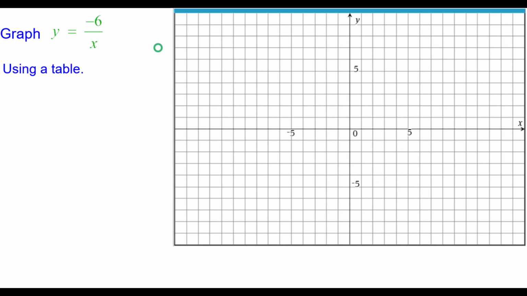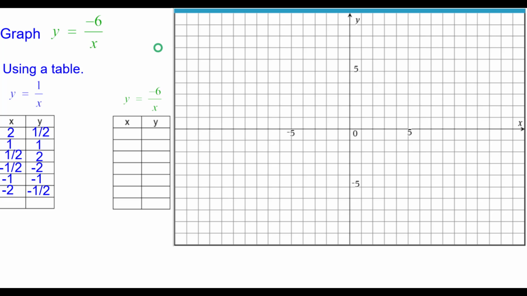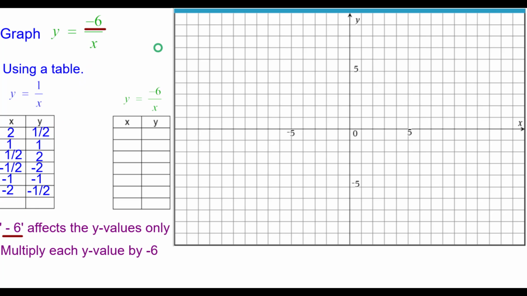Second way is using a table. Here's a table of 6 values on our normal parent function, the reciprocal function. The -6 affects only the y values, so we can multiply each y value by -6, but we're keeping the x values the same because that -6 only applies to the y's.